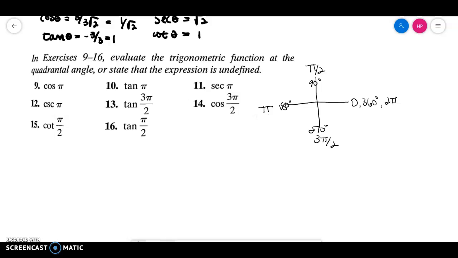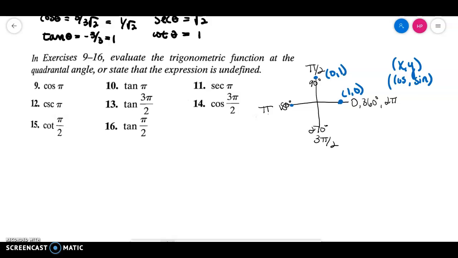And so if I'm thinking of my coordinates as x comma y being cosine comma sine, then this point here, I'm going right 1, and I have a height of 0. Here, I'm going up 1. I have no left or right.